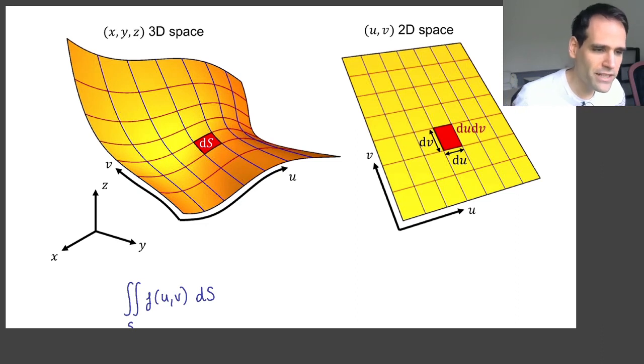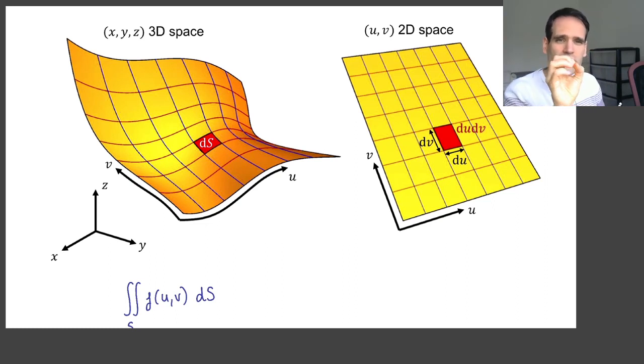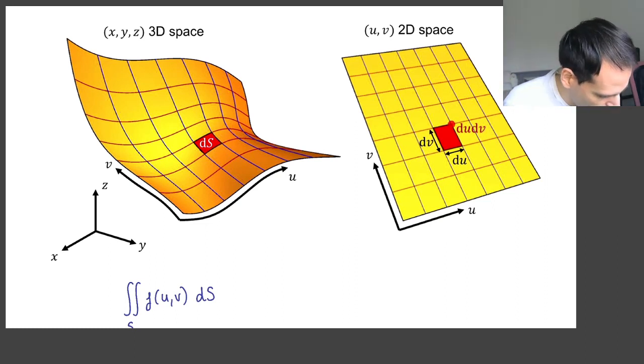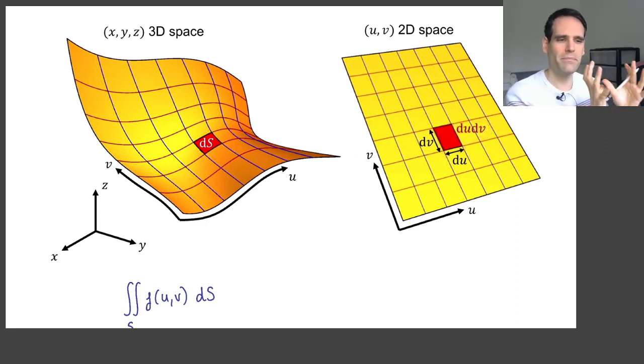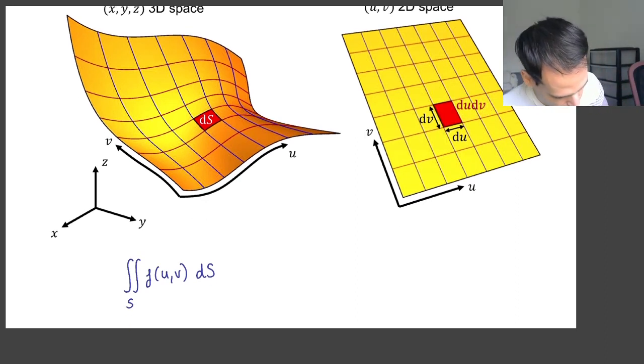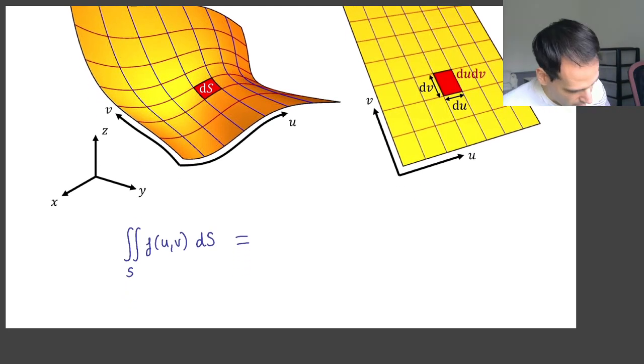And the only thing that we need to take into account is that dS is going to be squashed or stretched with respect to du dv, which would be the differential of area in the parameter space. In other words, we can do this double integral, which is a surface integral, as an integral in u and v.